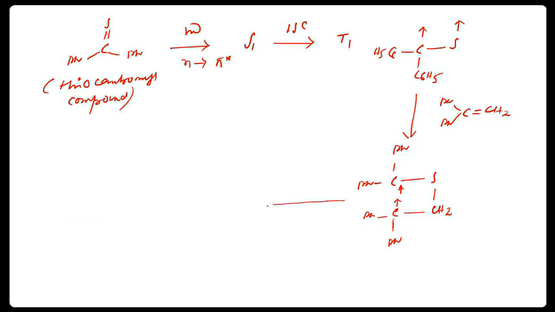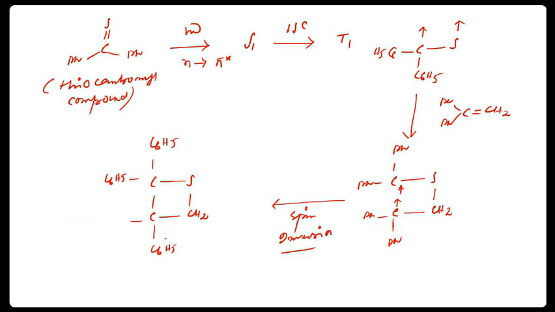Now we need spin inversion. If spin inversion happens, then after the spin inversion we are going to have a bond: C, S, C, CH2, C6H5.